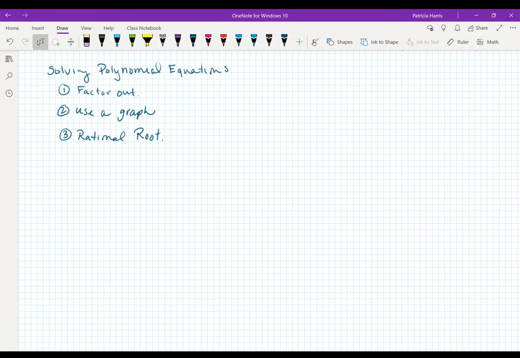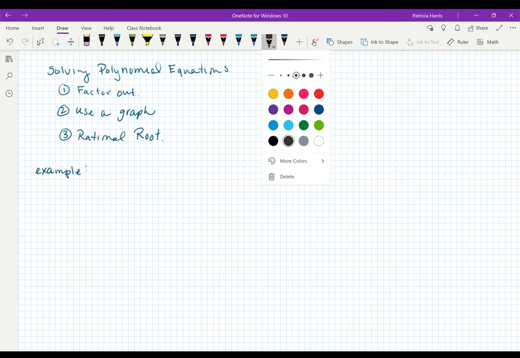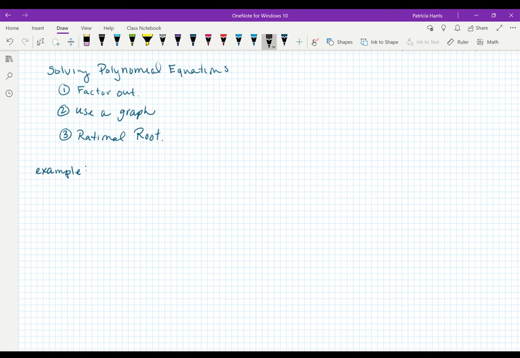Okay, so we're going to do an easier one first. I want to solve x to the third plus 2x squared minus 3x.